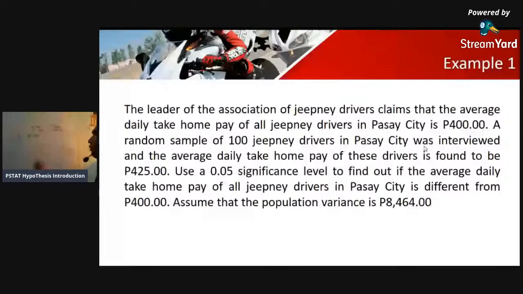So your n is 100. So we'll be using what test? We're going to use the z test because n is greater than 30, which is 100.